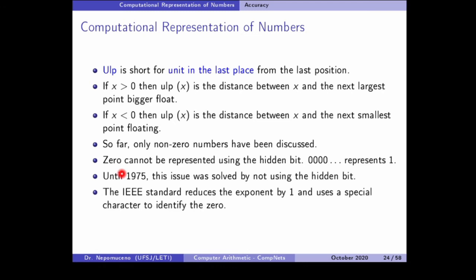So far, only non-zero numbers have been discussed. 0 cannot be represented using the hidden bit, because you are going to have just zeros, of course. Until 1975, this issue was solved by not using the hidden bit. The IEEE standard reduced the exponent by 1 and used a special character to identify the 0.